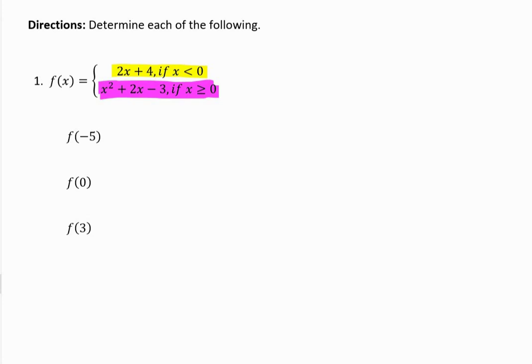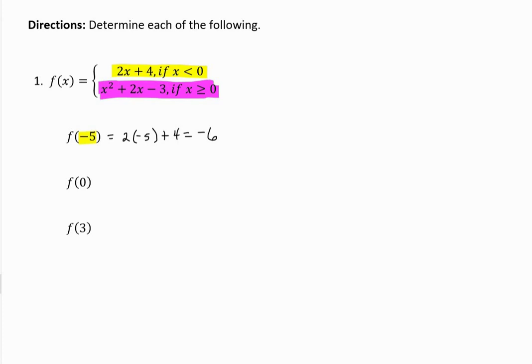Does it fall within this yellow category or within the pink? Negative 5 is less than 0, so I'm going to be using the yellow function, the 2x plus 4. So 2 times negative 5 plus 4, and that's negative 6.